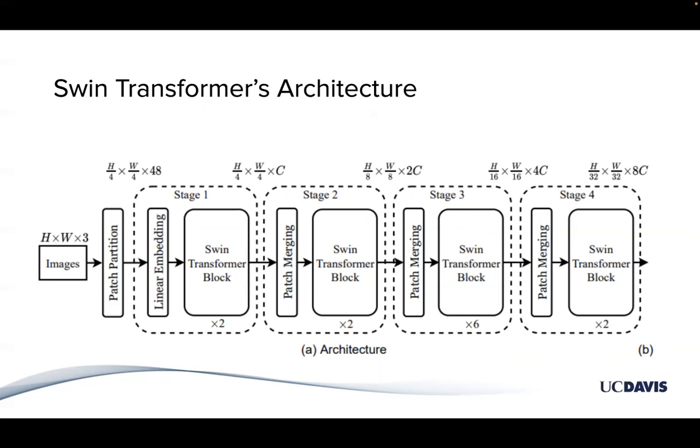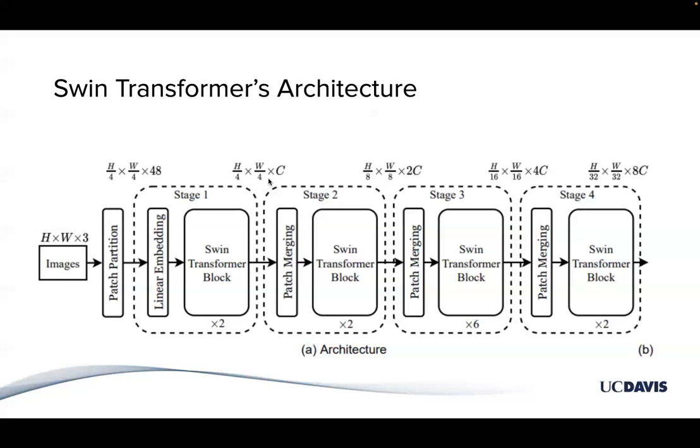For non-overlapping patches of size 4 by 4, where each pixel has 3 values for RGB, each patch will be converted to a vector of length 4 by 4 by 3, that is 48. This vector will go through a linear embedding layer and get converted to have a dimension C.